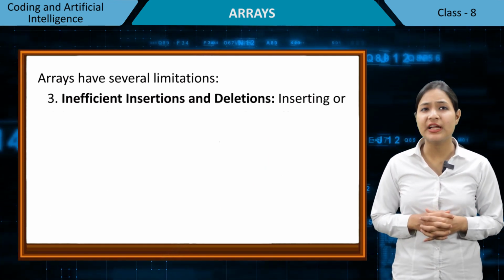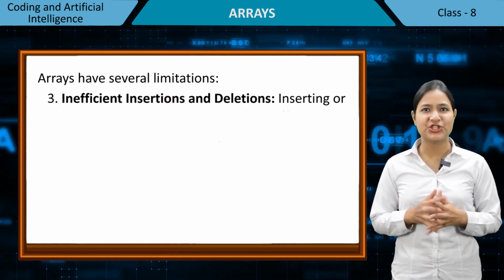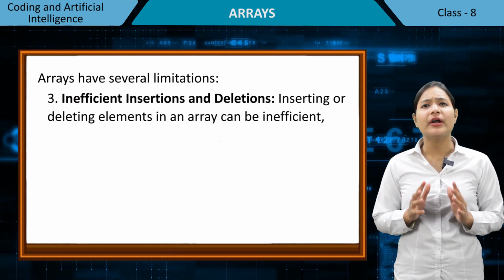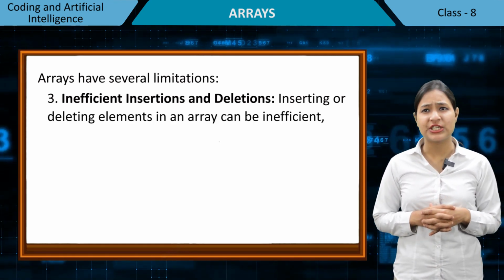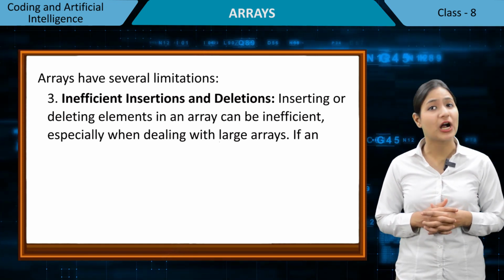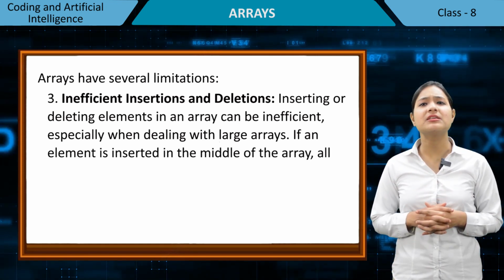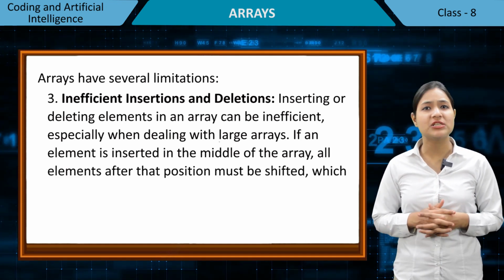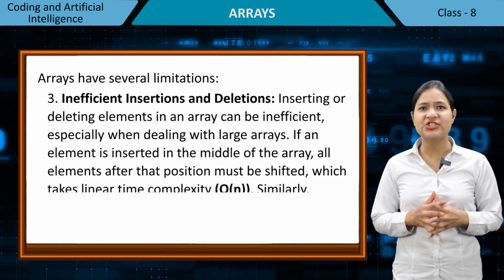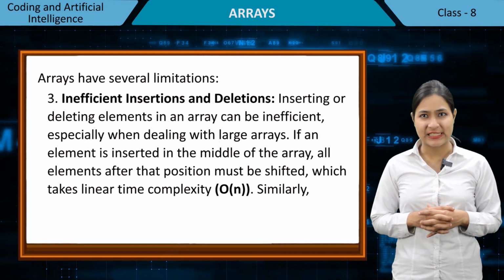Third, inefficient insertions and deletions. Inserting or deleting elements in an array can be inefficient, especially when dealing with large arrays. If an element is inserted in the middle of the array, all elements after that position must be shifted, which takes linear time complexity.